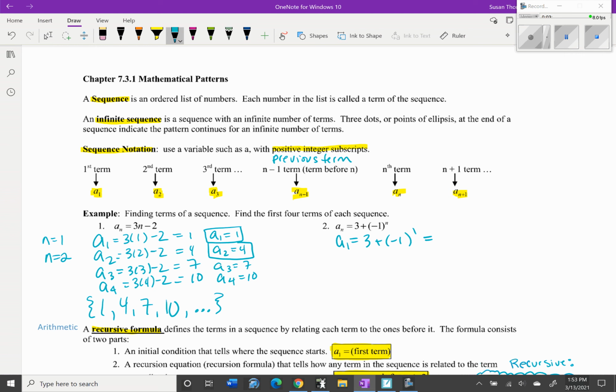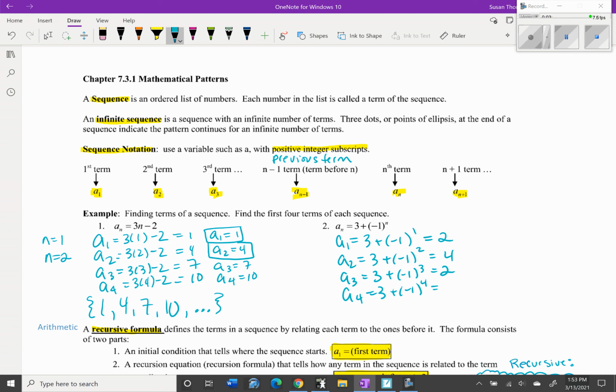That would give us 2, and a sub 2 would be 3 plus negative 1 to the second power, which gives us 4. A sub 3 would be 3 plus negative 1 to the third power, which again gives us 2. And a sub 4 would be 3 plus negative 1 to the power of 4.